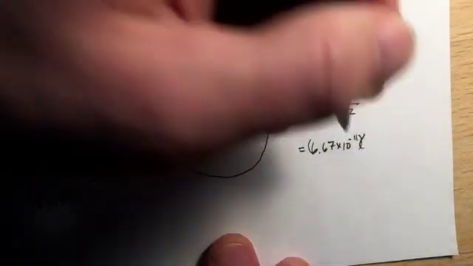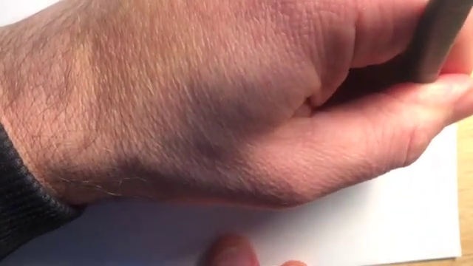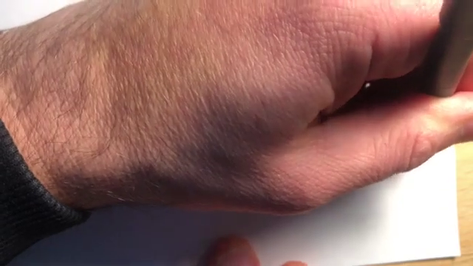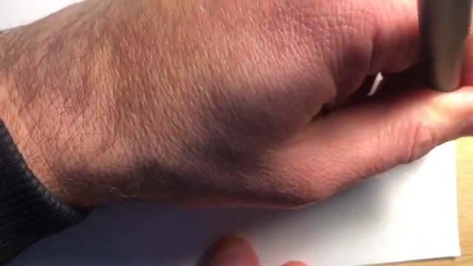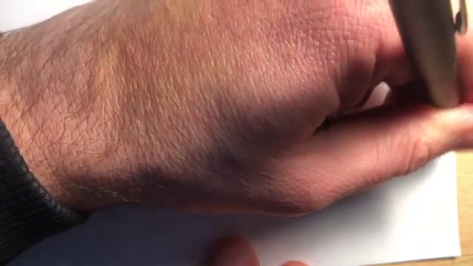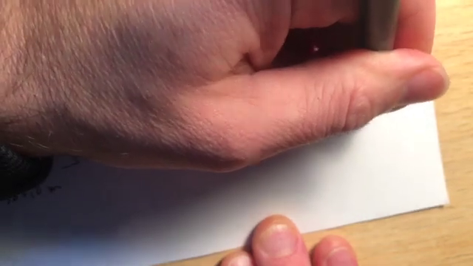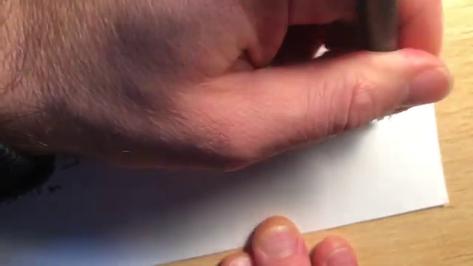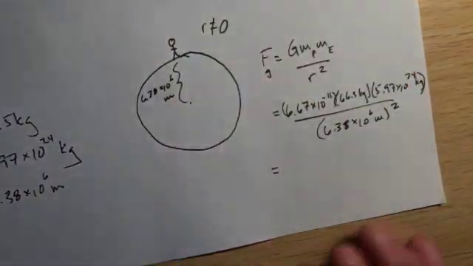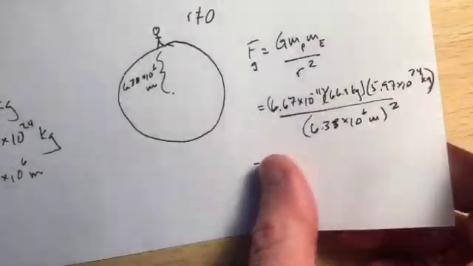And then the mass of the person is 66.5 kilograms. And the mass of the Earth is 5.97 times 10 to the 24th kilograms, all over 6.38 times 10 to the 6th meters squared. And you can finish that one off and then do B and C.